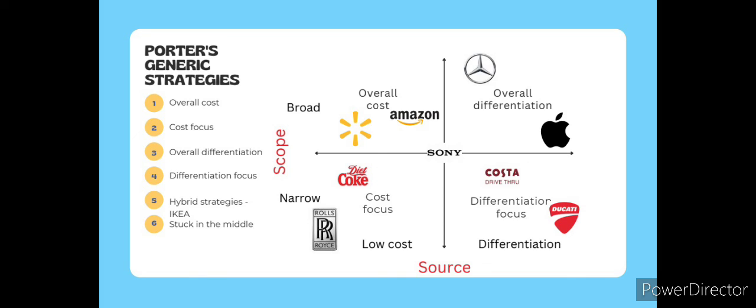Thereby, they weren't able to successfully create any differentiation between themselves and the competitors, and also their prices were never kept low. Thereby, they couldn't even incorporate a low cost strategy. That is where we come to the end of this presentation.